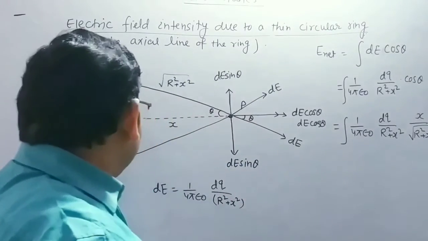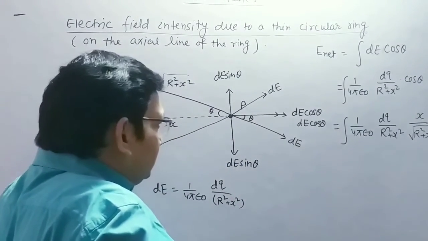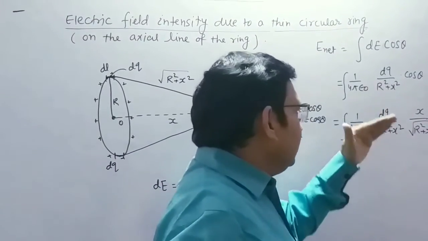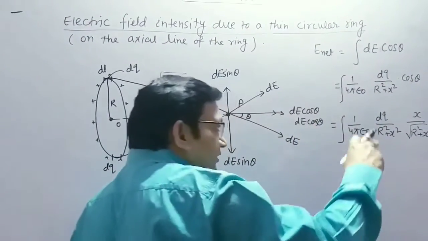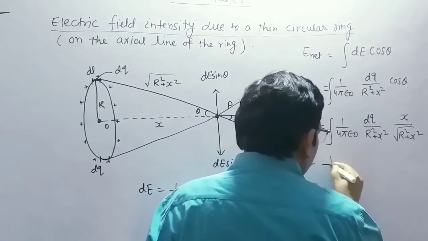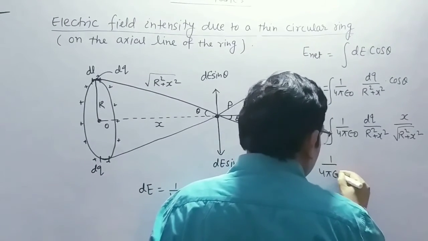Here the charge is variable, so we'll take the integration of charge. One can also write dq is equal to lambda dl, and then integration of dl will come. Here we are taking the integration of charge only. So the constant term we have 1 by 4 pi epsilon.